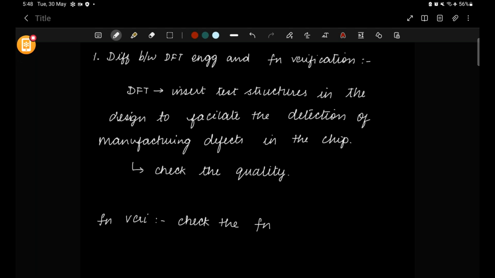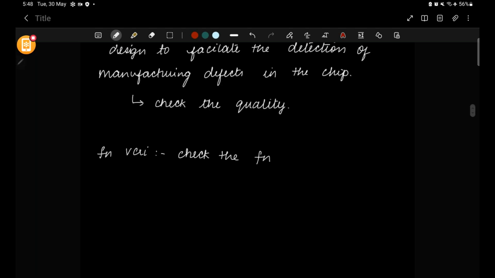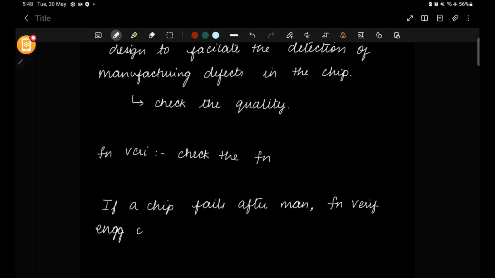One more major difference is, say for example, if a chip fails after manufacturing, a functional verification engineer can only tell whether the chip passed or failed.